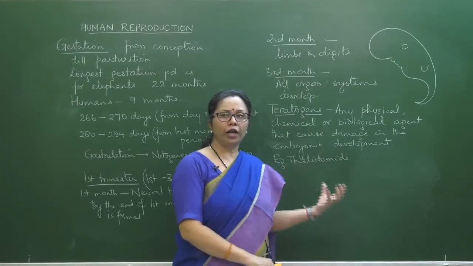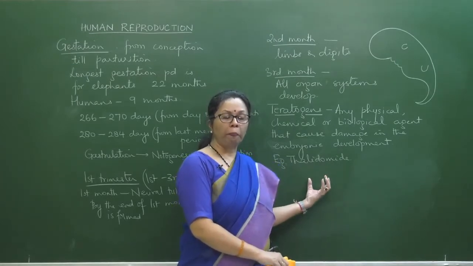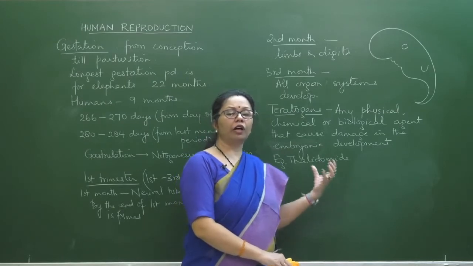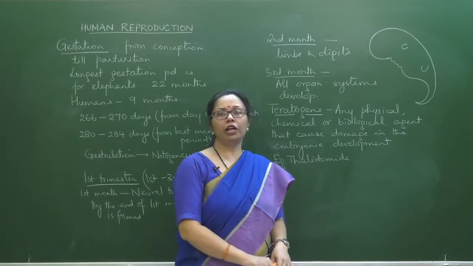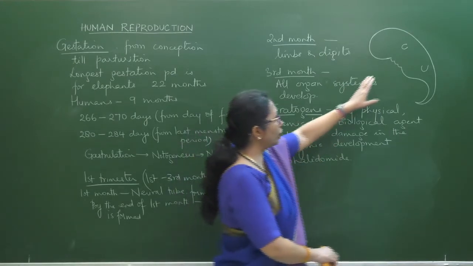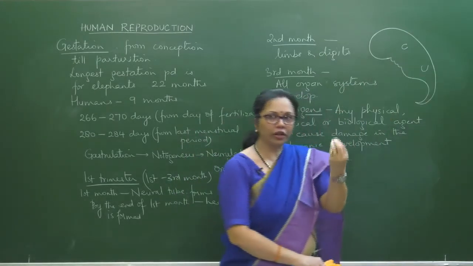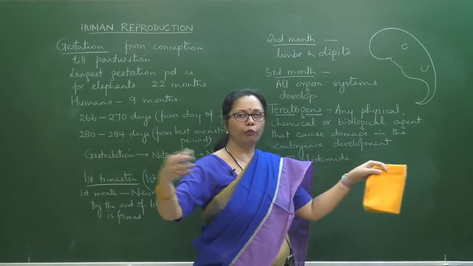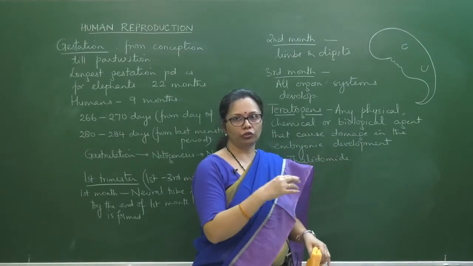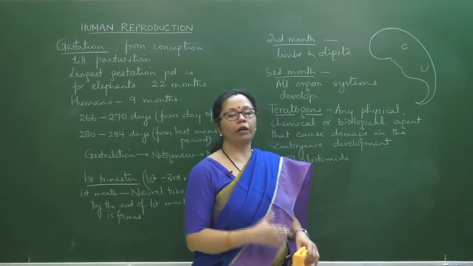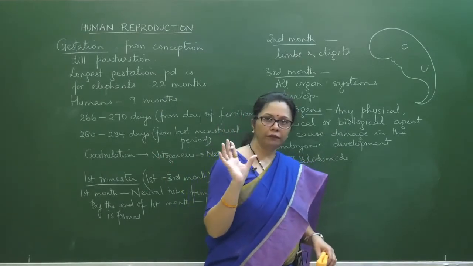To get rid of that, they were prescribed thalidomide. And when these females' young ones were born, their limbs had failed to develop. That's why I showed you like this. Initially the buds arise, and these buds didn't grow bigger, they remain just like that. So just small stubs at the place where the forelimb and hind limb should be.